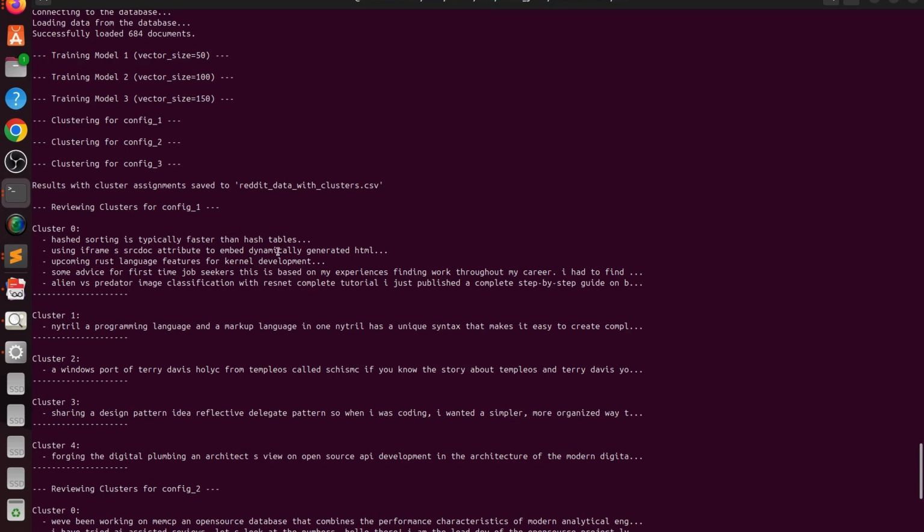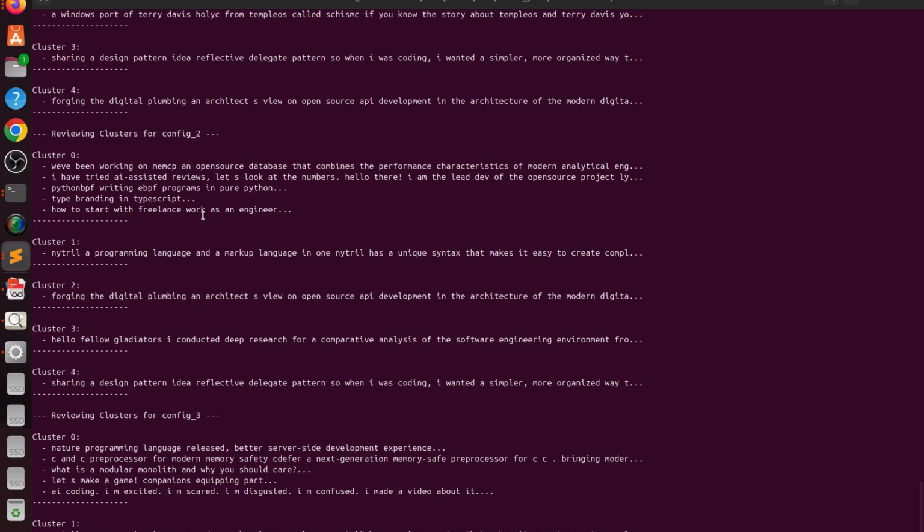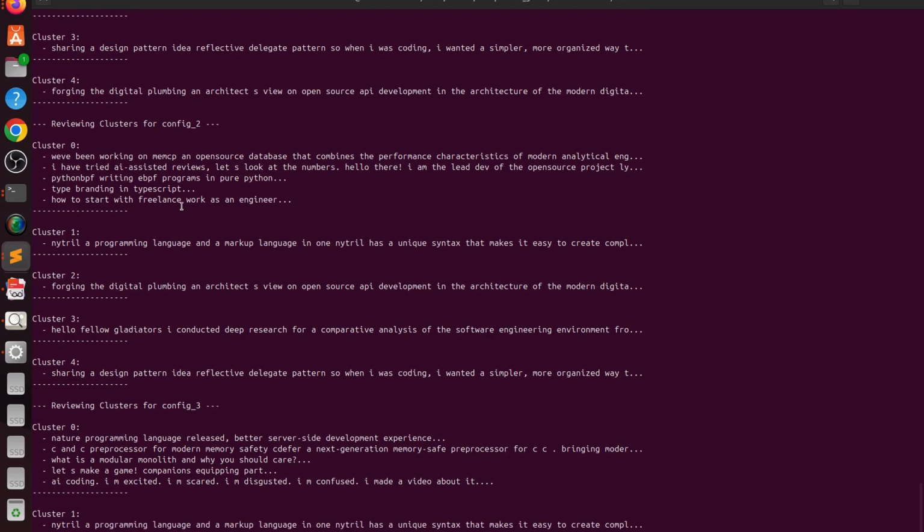Their main cluster mixed completely unrelated topics, like kernel development and job seekers, all together, showing that they didn't really understand the content. Then the next one, configuration 2 with dimension 100, is a similar story as well.